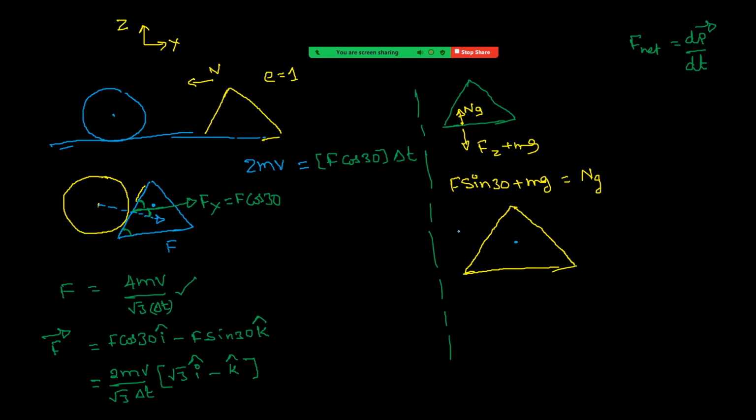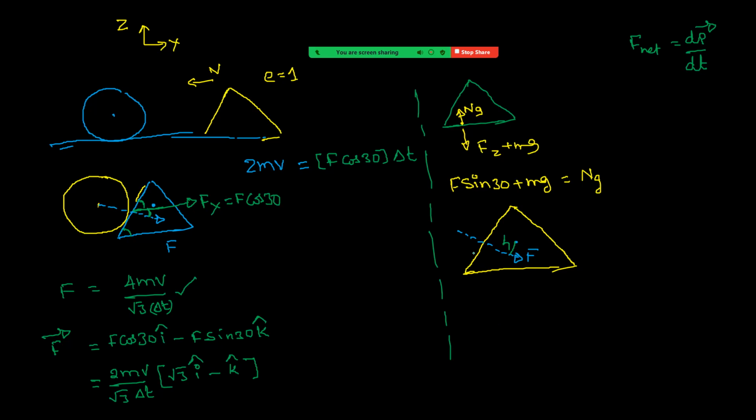And that force, by the sphere, is normal to the surface like this. This is F. Now the condition given is that H denotes the perpendicular distance between the center of mass of the wedge and line of action of that force. That means if we draw a normal from centroid to the line of action, this length is equal to H.